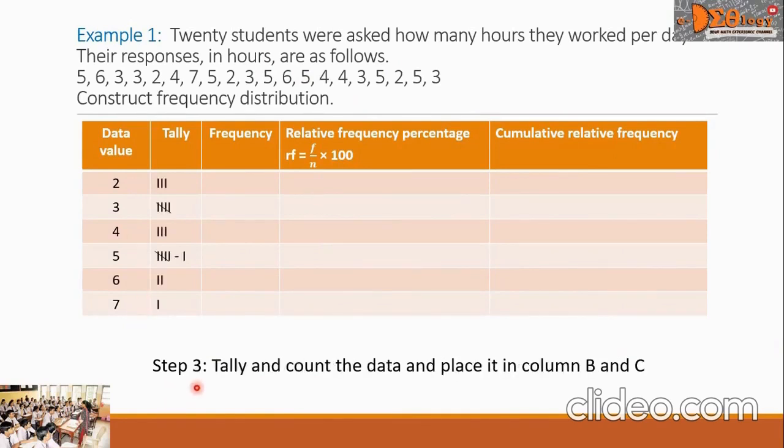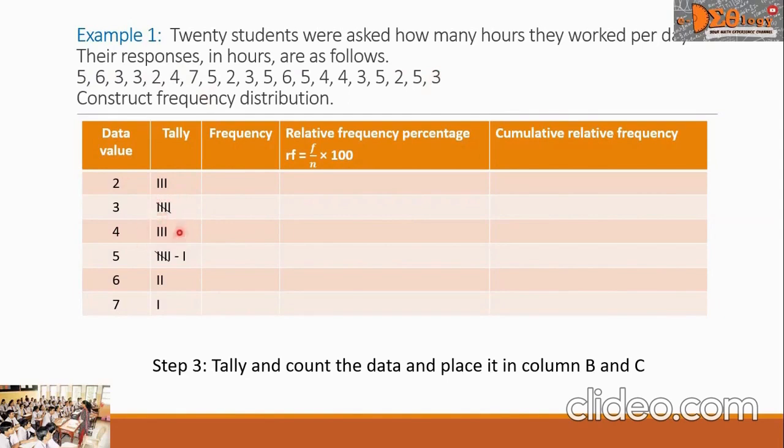For step 3, we will tally each raw data in the dataset and put it in the corresponding data value in our tally column. So in here, it means 3 times the number 2 appears in our data set. The same is true with number 3, 5 times it appears.